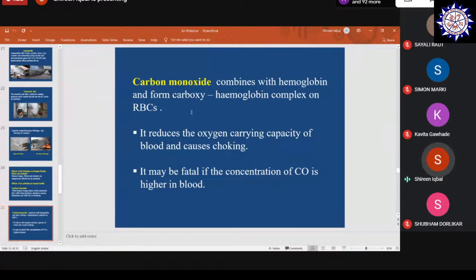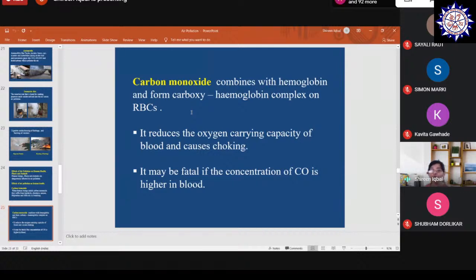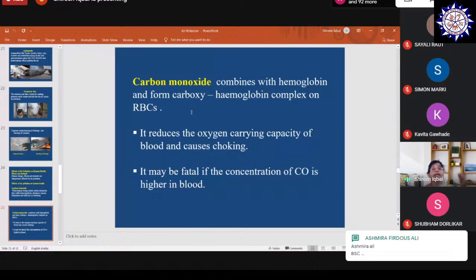It forms the carboxyhemoglobin. And what is the main function of this RBCs? It carries oxygen from the lungs to the different parts of the body. Ultimately, what is the result of the formation of this complex? It reduces the oxygen carrying capacity.